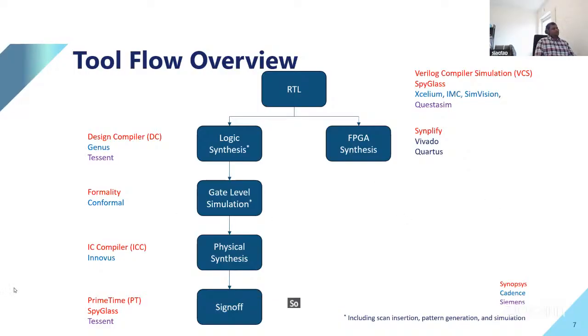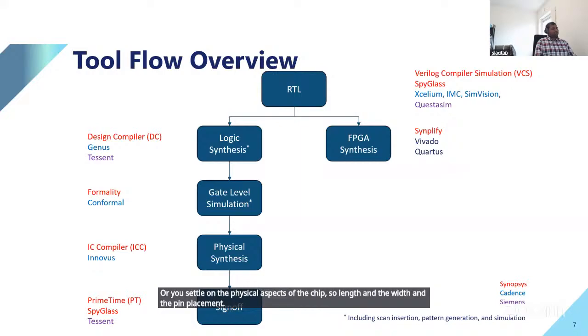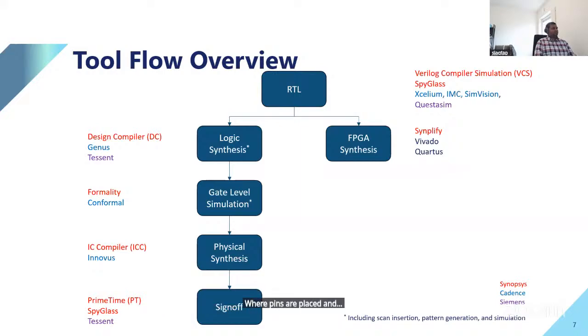So basically, at physical synthesis, you get the physical view of the chip, or you settle on the physical aspects of the chip: the length and the width, and the pin placement, where pins are placed. So basically, you are pretty close to reality now. And then after physical synthesis, you perform some sign-off checks. Sign-off checks, as I said, relate to whichever foundry is going to fabricate your chip.